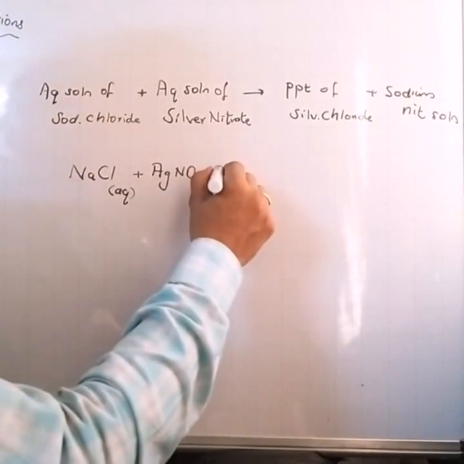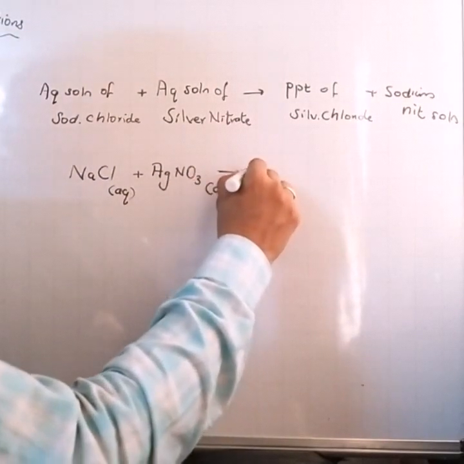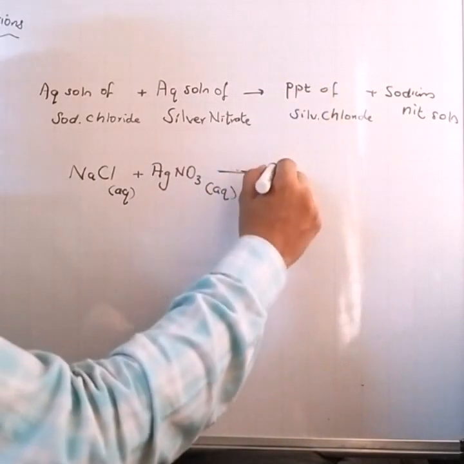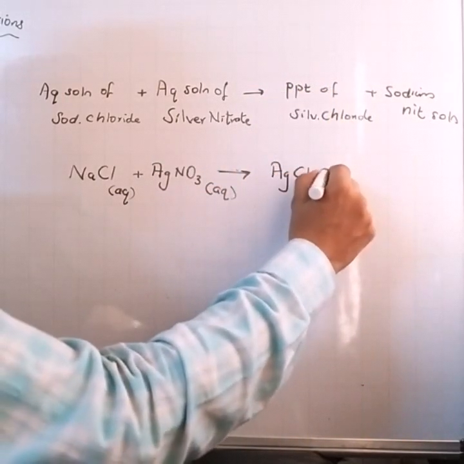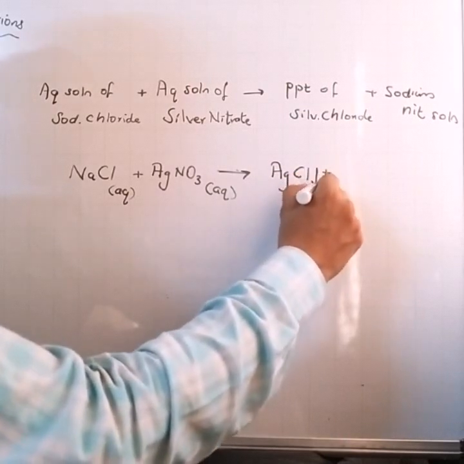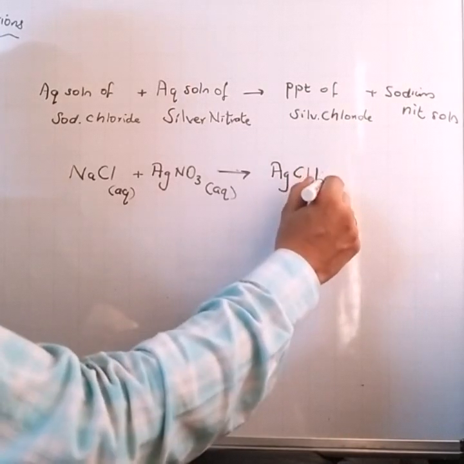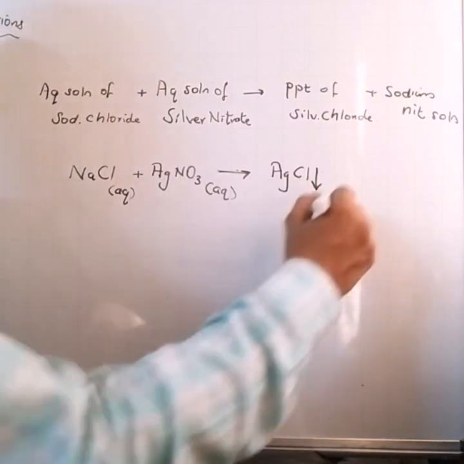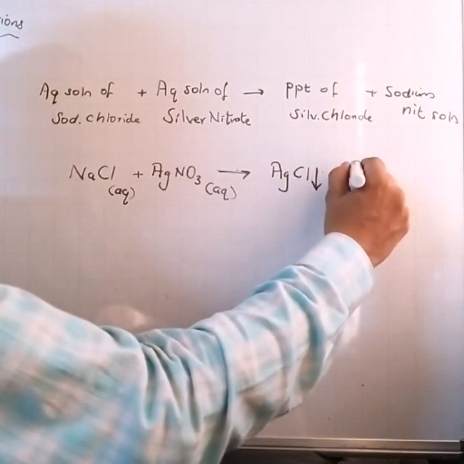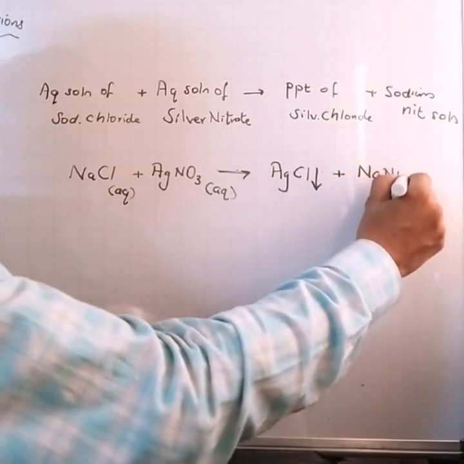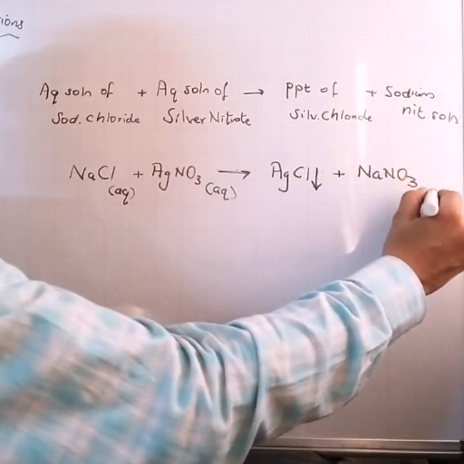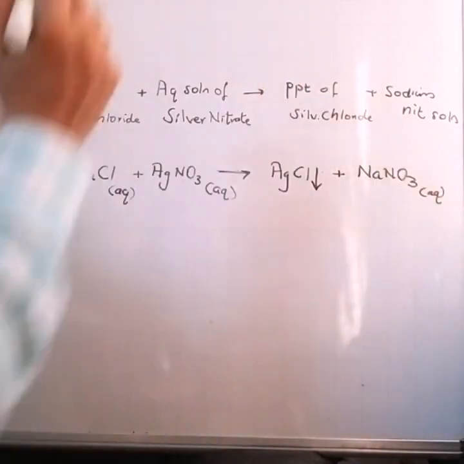Okay, and what I get is silver chloride, so AgCl, which is a precipitate. Remember, precipitate means I will put a downward pointing arrow, along with sodium nitrate, NaNO3. This is in aqueous state or liquid state.